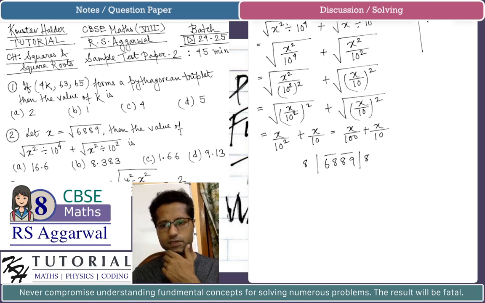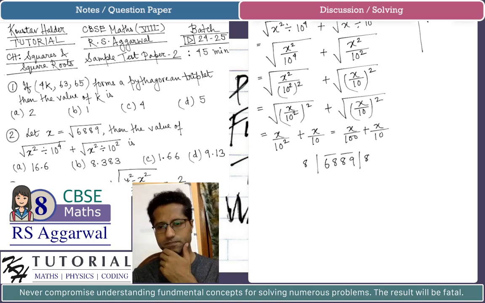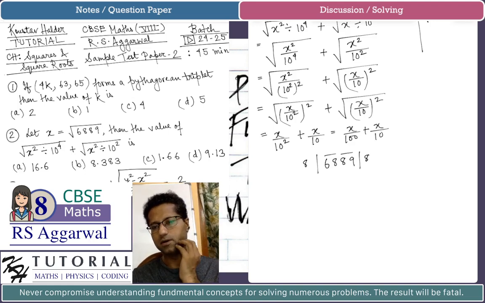If we assume that 6889 is a perfect square, then it has 4 digits, which is even. So the number of digits of its square root will be 4 by 2, that is 2 digits. We know the last digit of the number 6889 is 9.